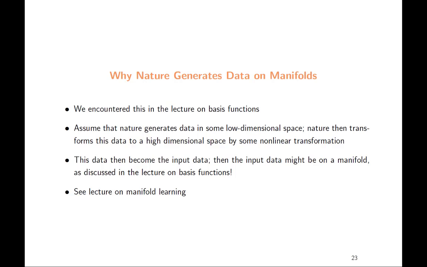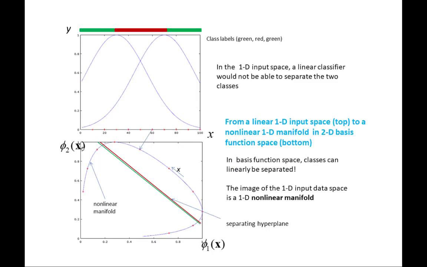So you might question, why does nature generate data on a manifold? We sort of encountered this already in the lecture on basis functions, but in a little bit different way. There we said nature gives us this data on X, and we artificially transform it into this basis function space, and then the data are really placed on this manifold here.